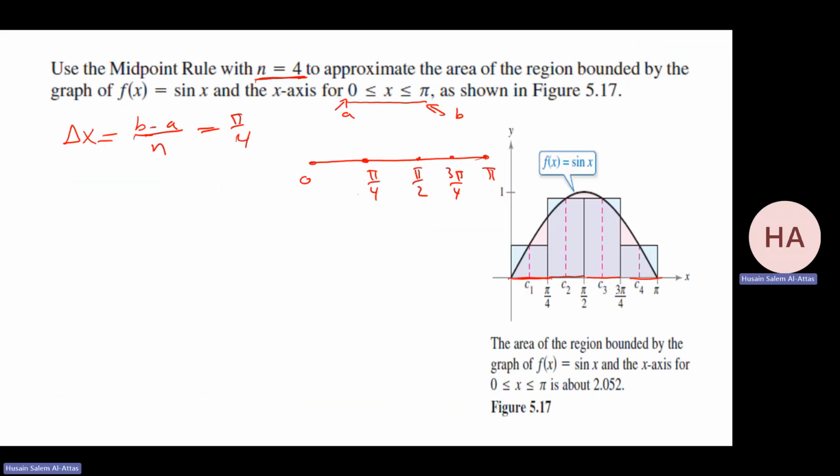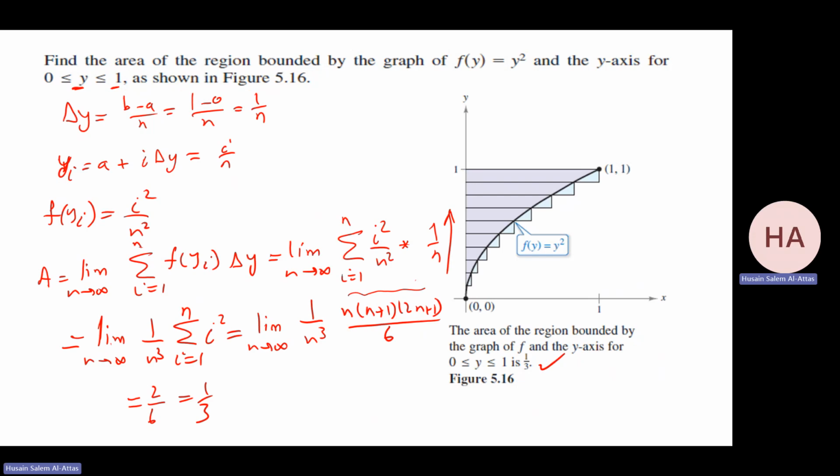Okay. So in the first rectangle, since it's the first time we are doing it for midpoint, think about this first rectangle, this is x0. I'm doing it in detail. I have x0 is 0, and x1 is pi over 4. I need x bar. Usually they use 0 or 1.